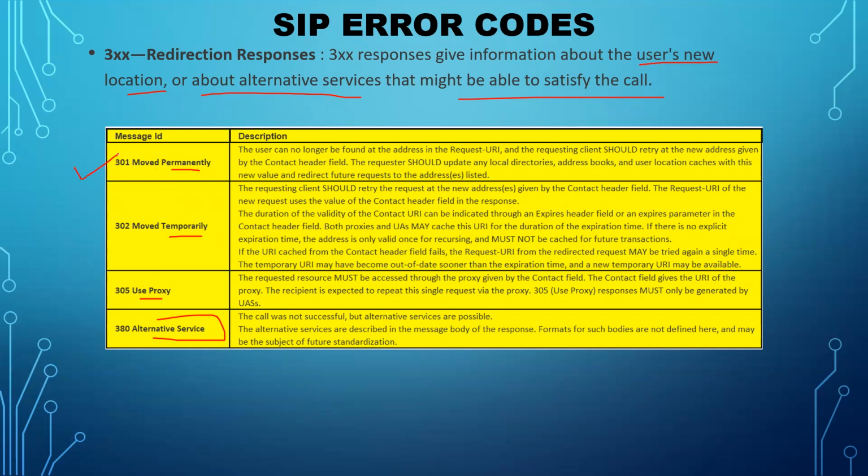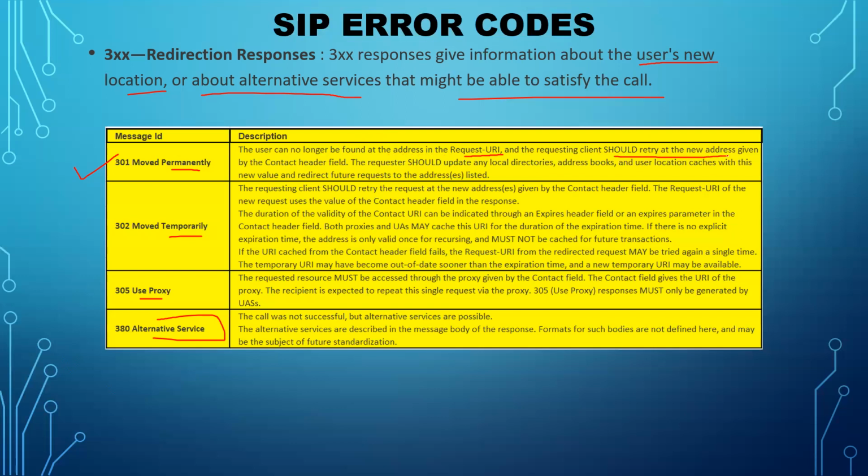301 moved permanently. That means your call is getting redirected to a permanent location. Let's read it out. The user can no longer be found at the address in the request URI. Whatever the address mentioned in the request URI, the user is no longer there. That's why it will get a 301 moved permanently, and the requesting client should retry at the new address.